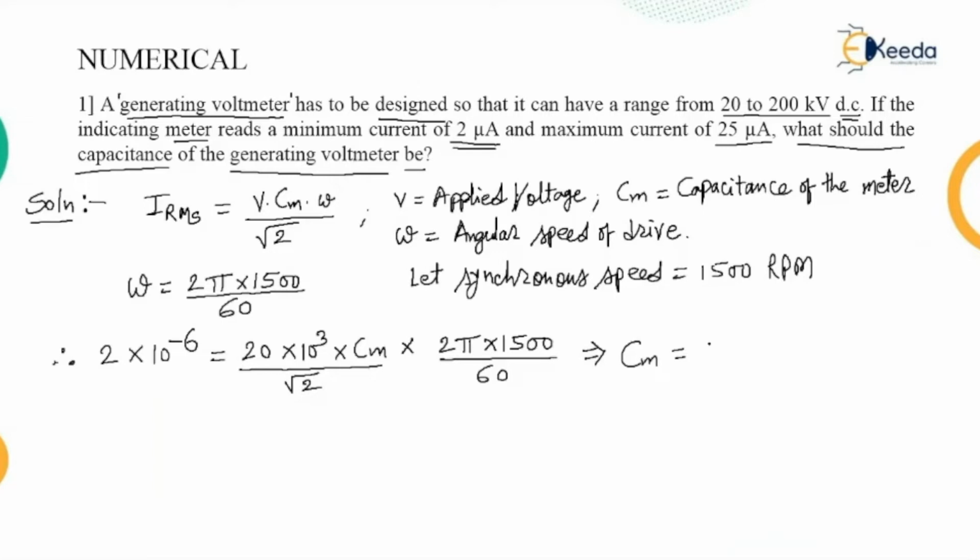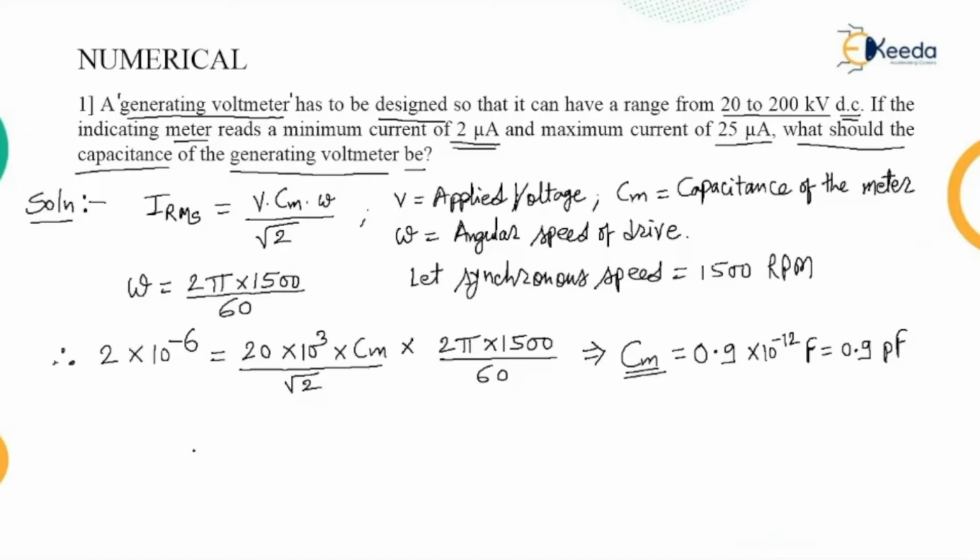So it comes out to be 0.9 into 10 raised to power minus 12 farad. As this is capacitance, therefore it is in farad. If I convert this quantity into picofarad, then there is no need to write down 10 raised to power minus 12. So this is the value of Cm.